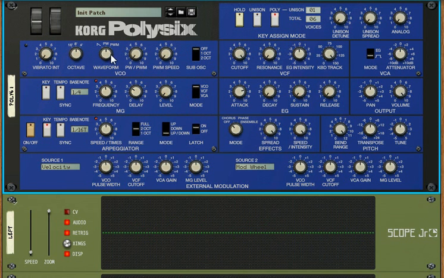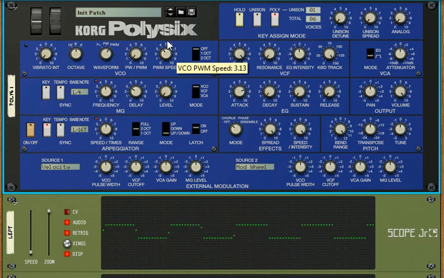If I change it to the third available pulse wave modulation setting, again I'll have a pulse wave, but I will be able to modulate that over time with a low frequency oscillator, the speed of which is set here.